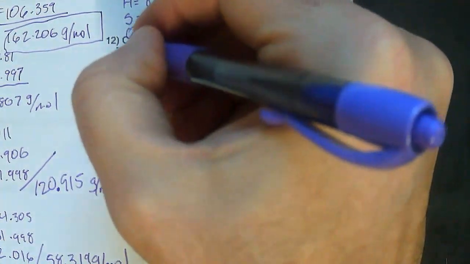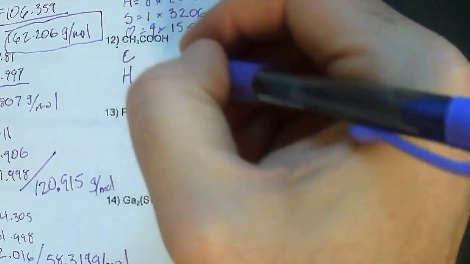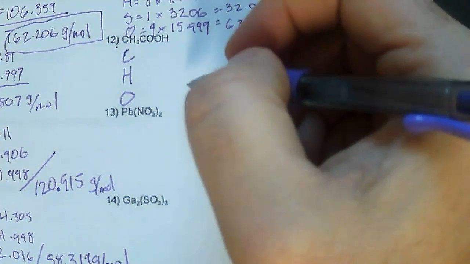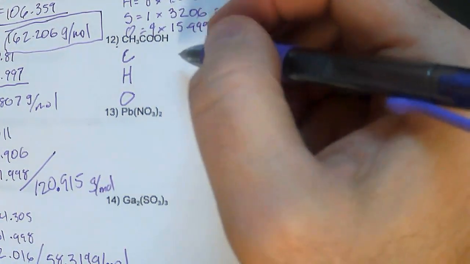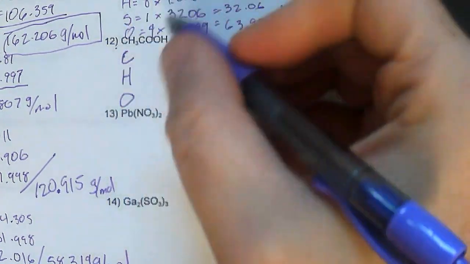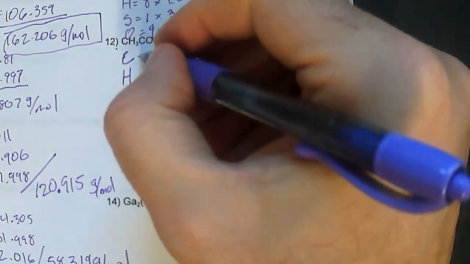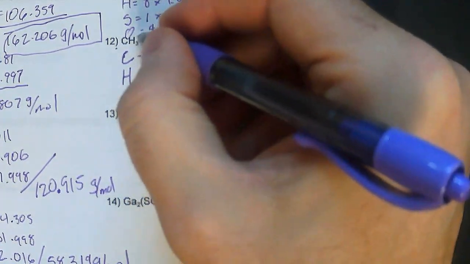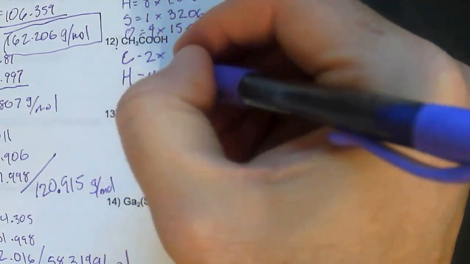Okay, this guy. So we only have 3 elements, but notice they're kind of spread out. That's okay. Sometimes we do this in chemistry just to make it easier to see some chemistry that's going on. So we're just going to count carbons. So we have 2 carbons. It's 2 times something. We have 4 H's.